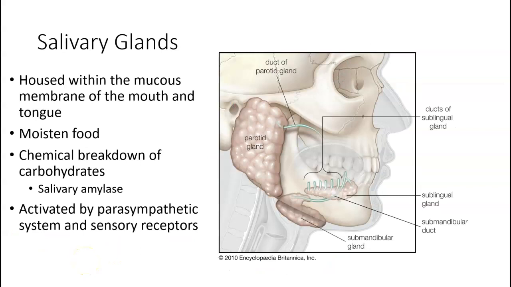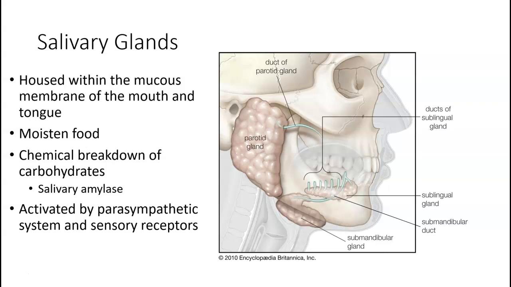Also located within your oral cavity are the salivary glands. These are housed within the mucous membrane of your mouth and your tongue. Their job is to help moisten food. Saliva contains an enzyme called salivary amylase, and its job is to start the chemical breakdown of carbohydrates, specifically starch.